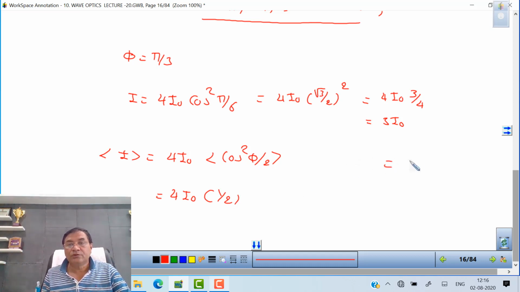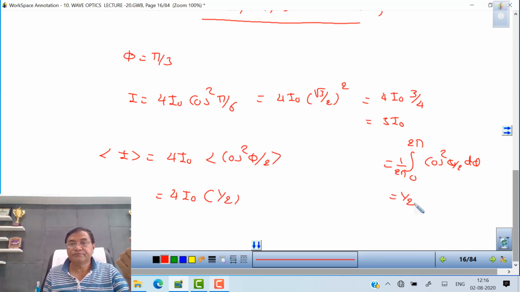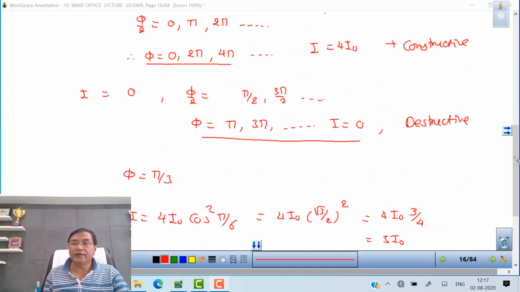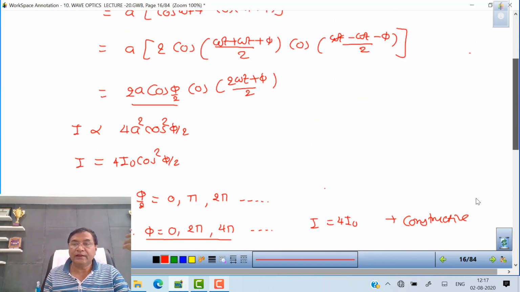You can integrate from 0 to 2 pi of cos square phi by 2 d phi, with 1 upon 2 pi. So you will get half. So this is 2I0.